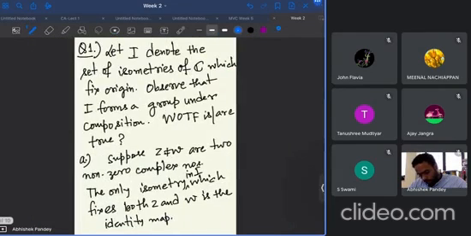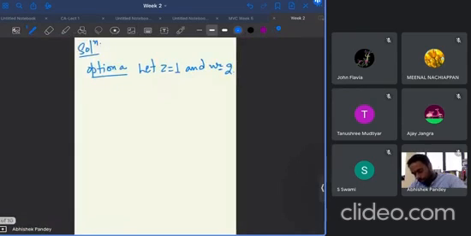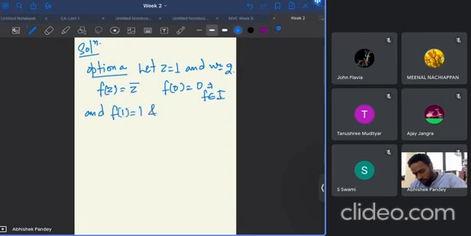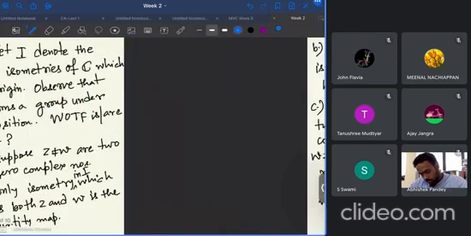Can you tell me any isometry which fixes origin and also z and w other than the identity map? Let us take fz equal to z bar. This is again an isometry, and f of 0 is obviously 0. So f belongs to I, and f of 1 is 1, also f of 2 is 2. So option A is wrong.